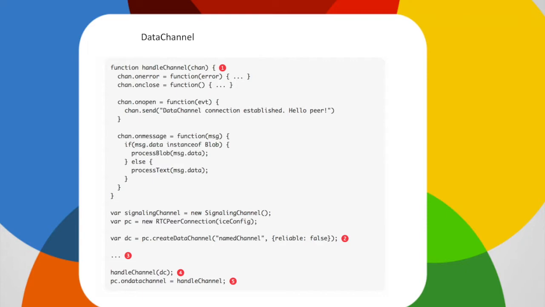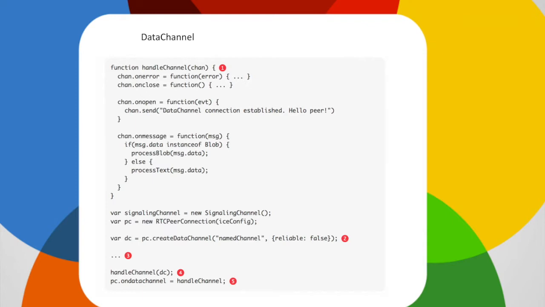Data channel. Data channel enables bidirectional exchange of arbitrary application data between peers. Once the RTC peer connection is established, connected peers can open one or more channels to exchange text or binary data. Here's the code. Line 1 registers WebSocket-like callbacks on data channel objects.